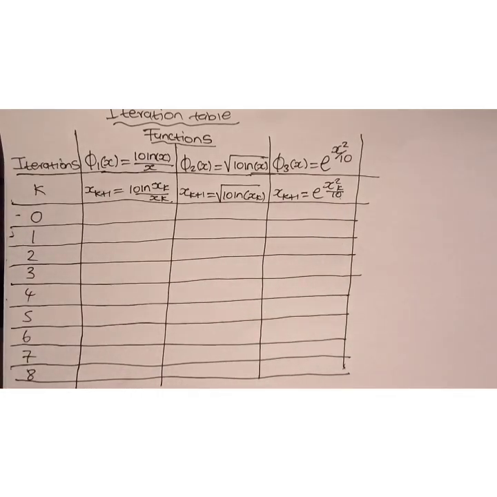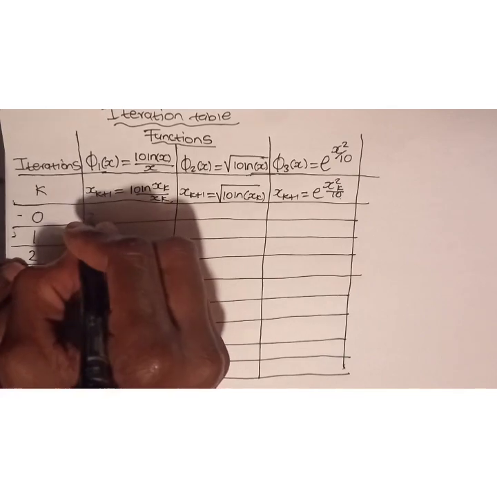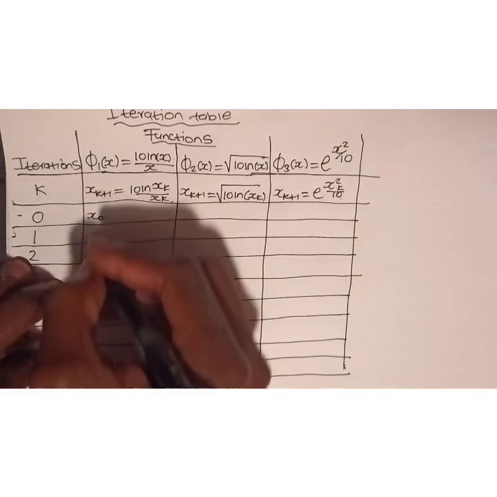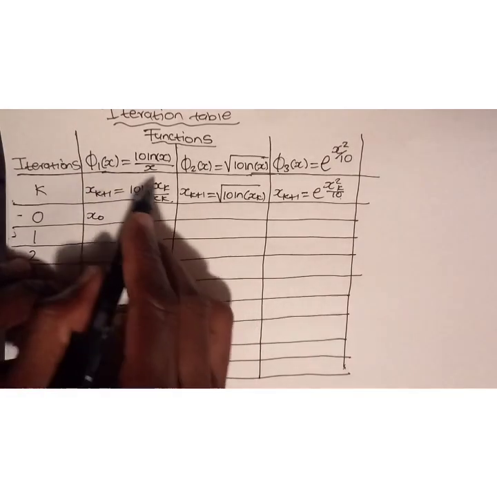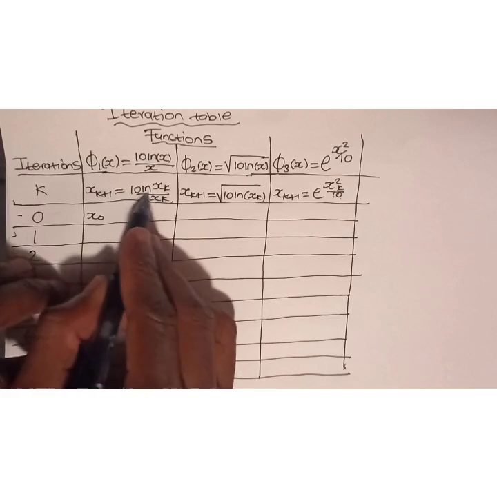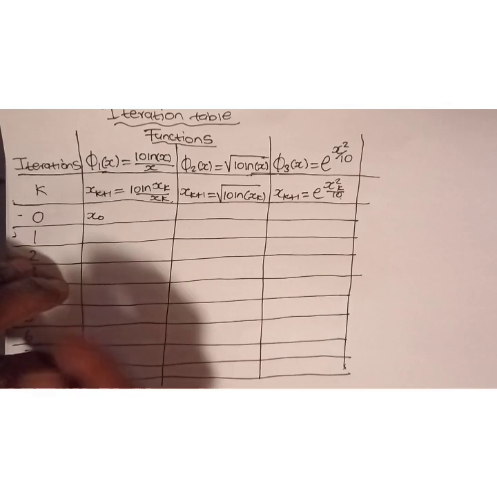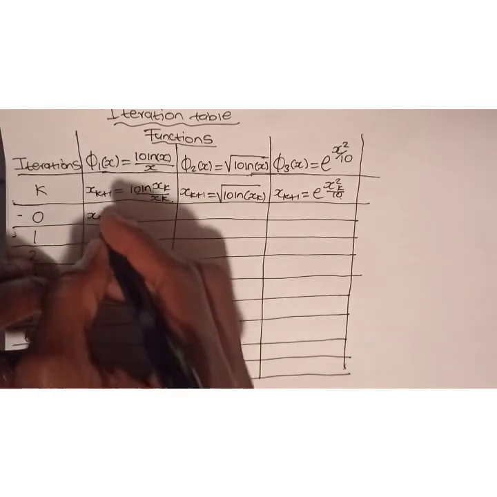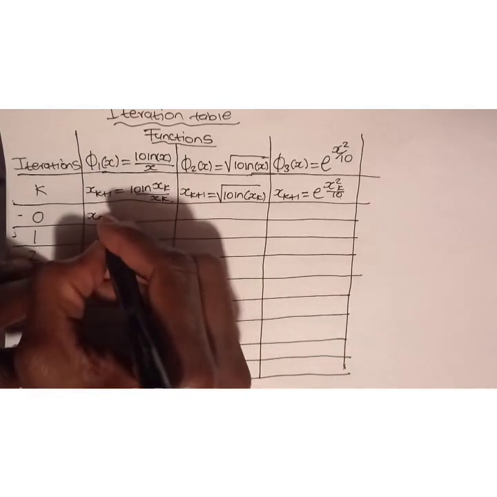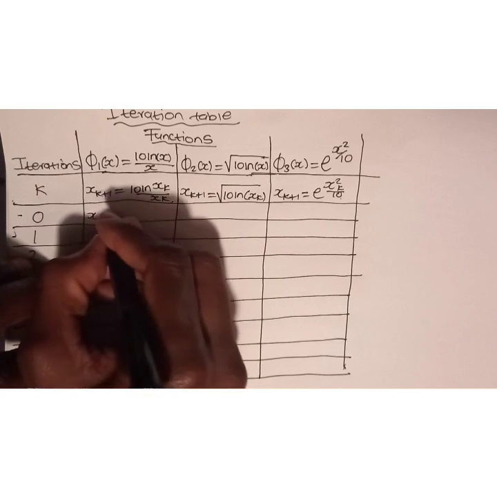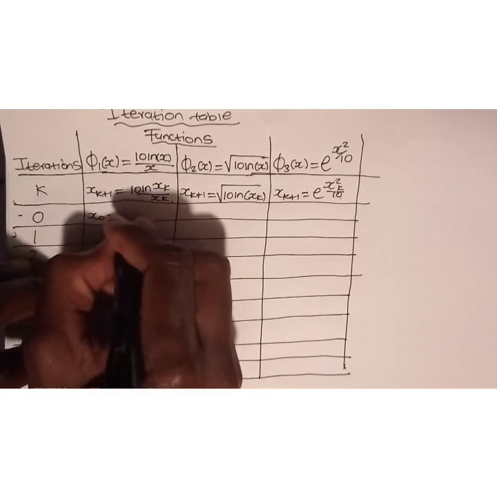I just have to choose my initial guesses for each of these. For the first one, since it's a ln, my initial guess is a value that I assume is before the root. In this case, I'm going to choose 1.5.